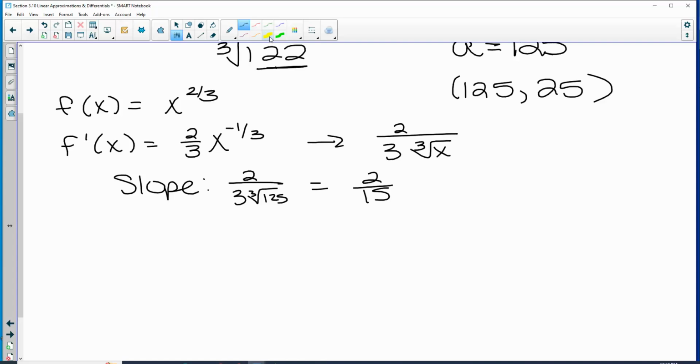So now I have a point, I have a slope, so y equals mx plus b.